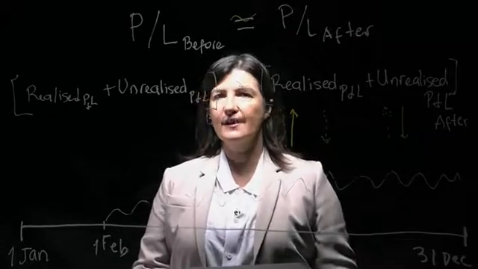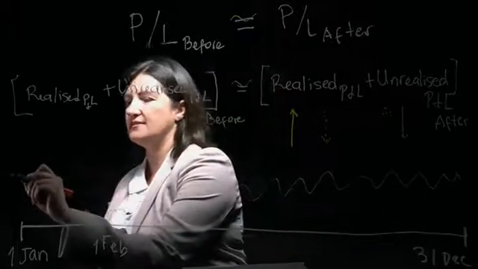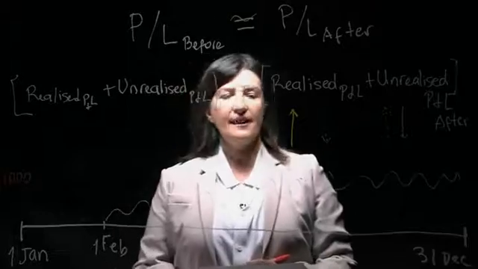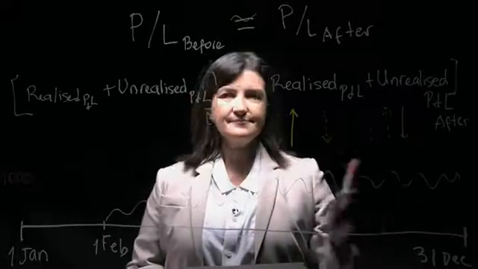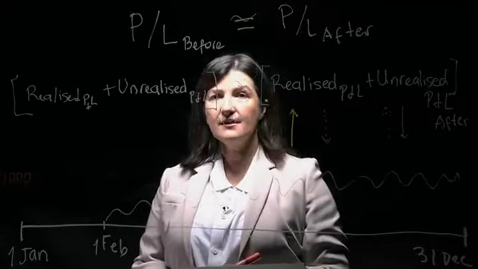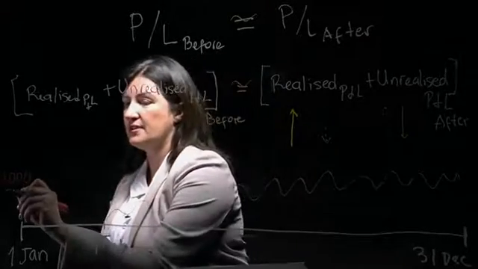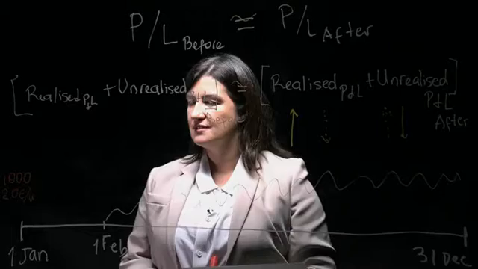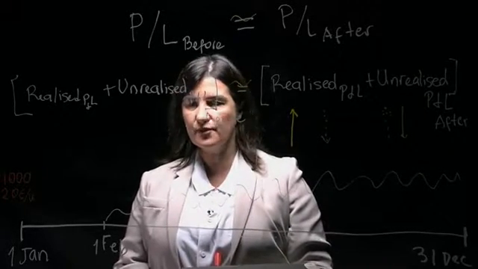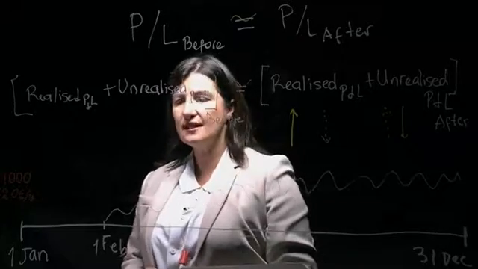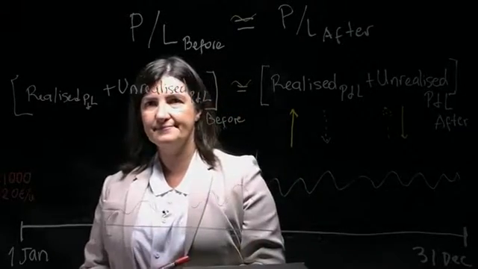Let's say our trader bought 1,000 units of gas per month. And the gas is going to be delivered every month until the end of the year. And let's say the trader bought the gas at 20 euros per unit. So the total gas for the deal is 12,000 units for the 12 months. Now let's say today is the 1st of February.